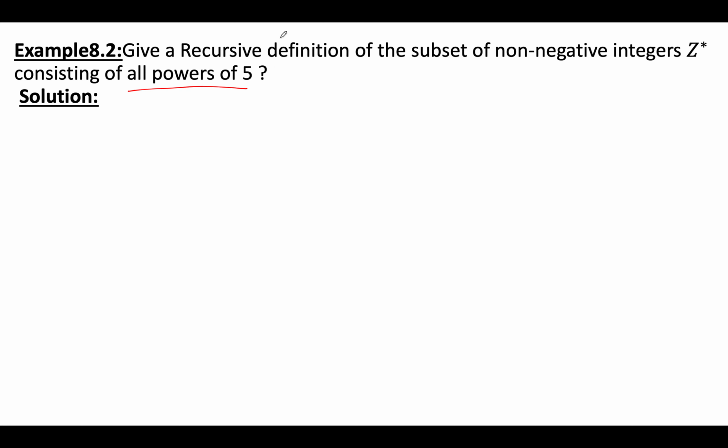Now, in order to find the recursive definition, if you remember, we said that it is a combination of recurrence relation and initial condition. Here, the recursive definition consists of two main things, the same as what we said earlier, which is, first of all, the base step, where we define the relation, and then we have the recursive step.